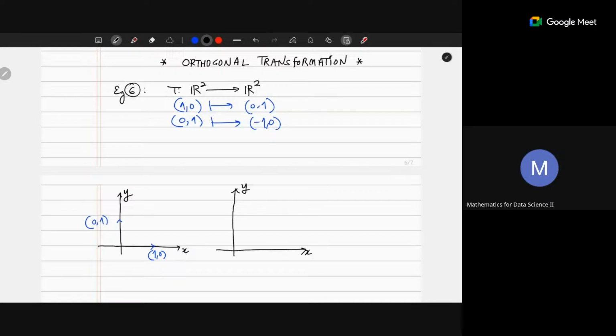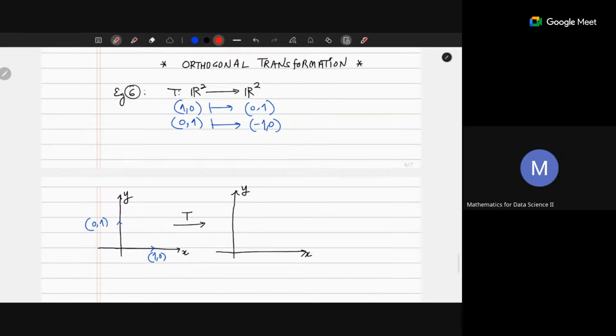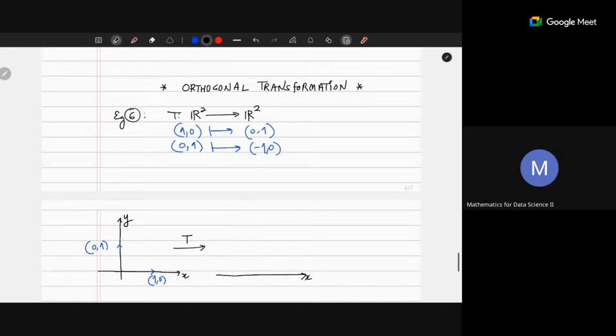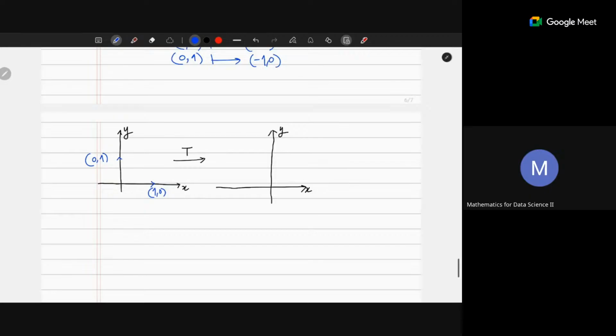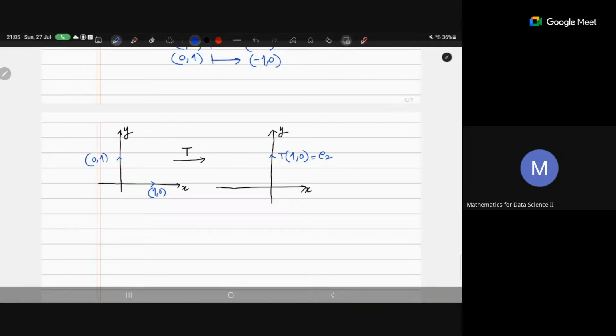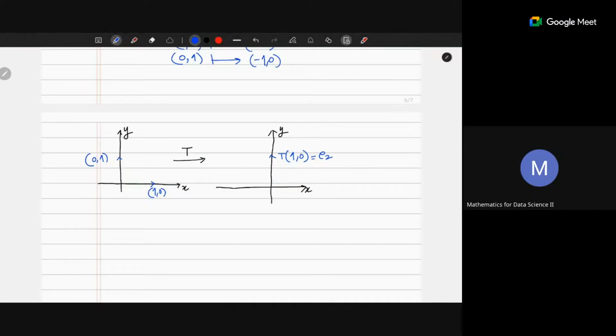This is x, this is y, this is my linear transformation T. So what I'm doing is, I'm sending T of (1, 0) to E2, and T of (0, 1) to minus E1.